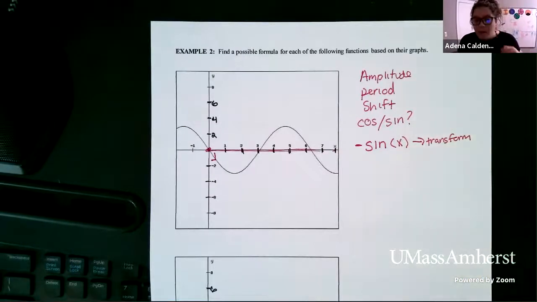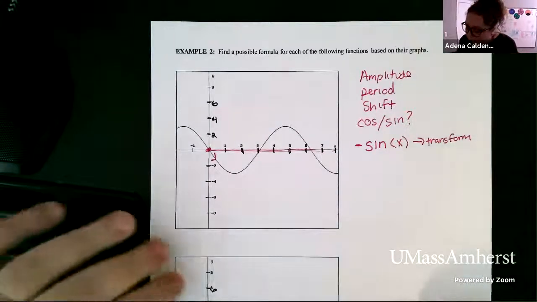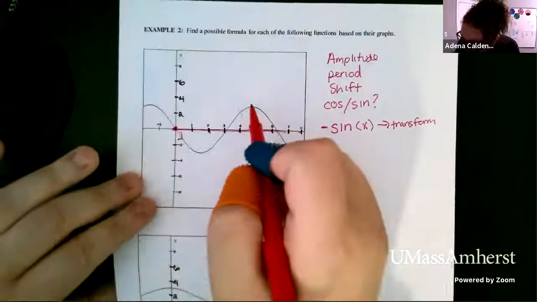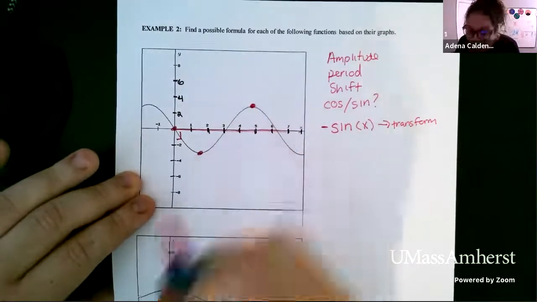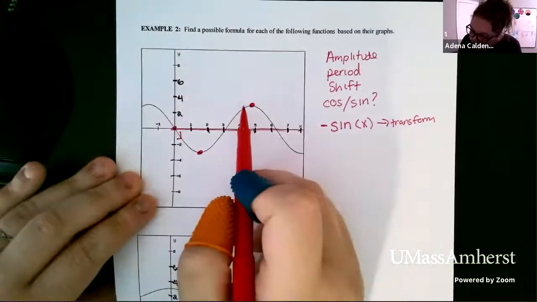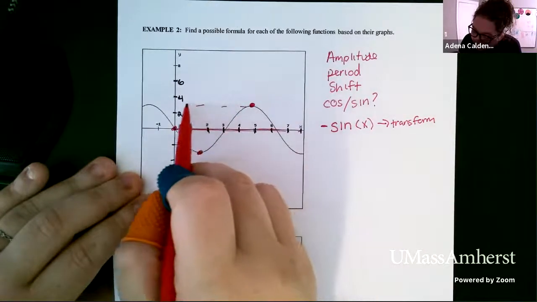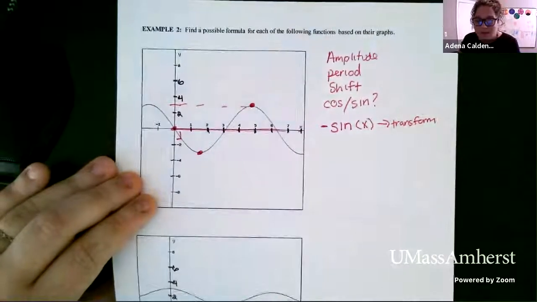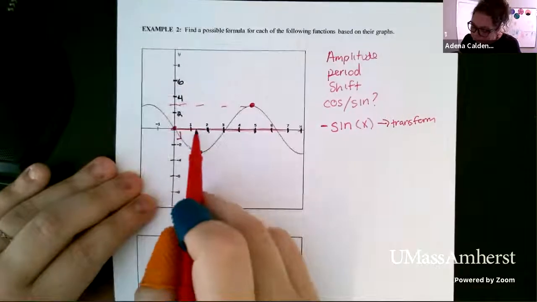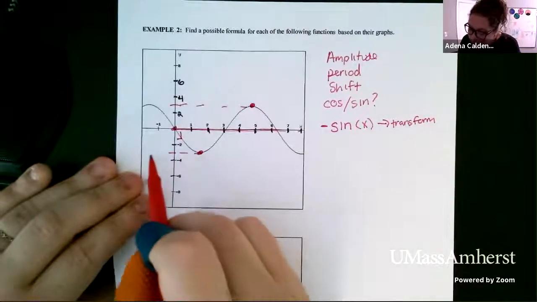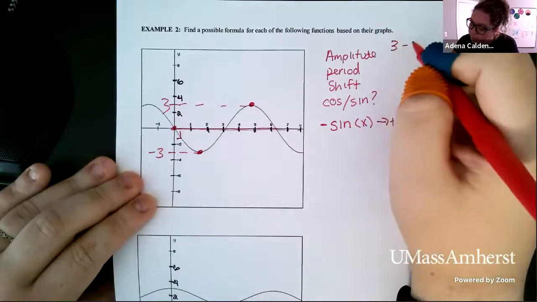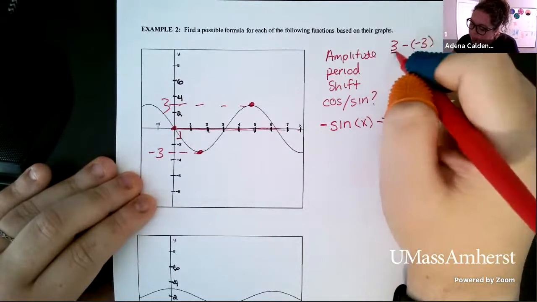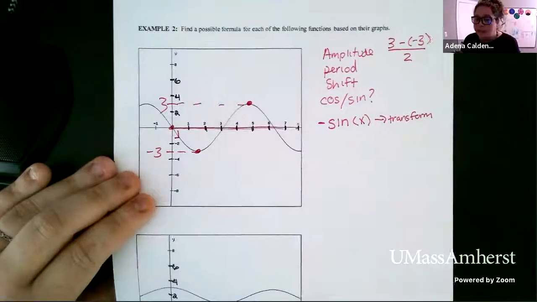Okay, so let's start by finding the amplitude. So again, for the amplitude, we can do max minus min divided by 2. So my max value here is 3. My minimum value here is -3. So my amplitude is 3 minus -3 divided by 2.